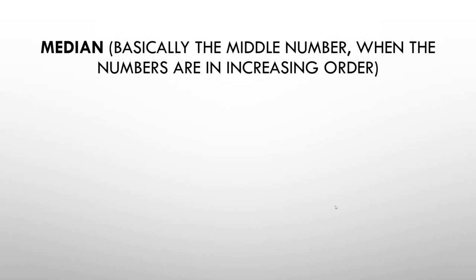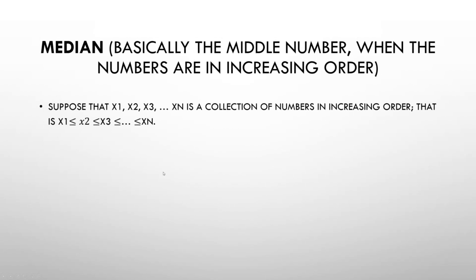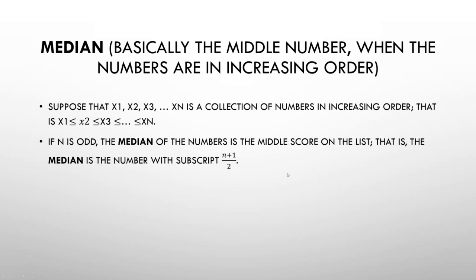The median is basically the middle number when the numbers are listed in increasing order. Suppose x1, x2, x3 out to xn is a collection of numbers in increasing order. So in other words, x1 is less than or equal to x2, which is less than or equal to x3, and so on.